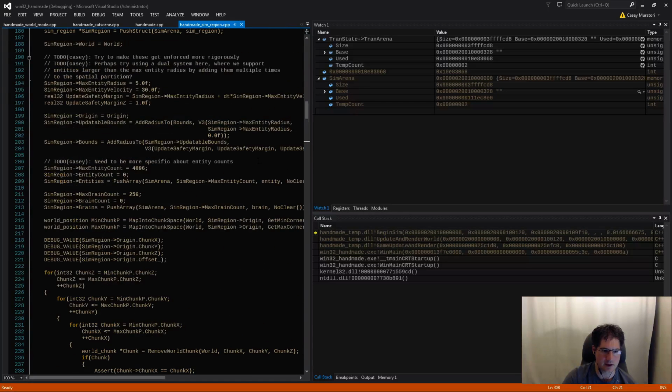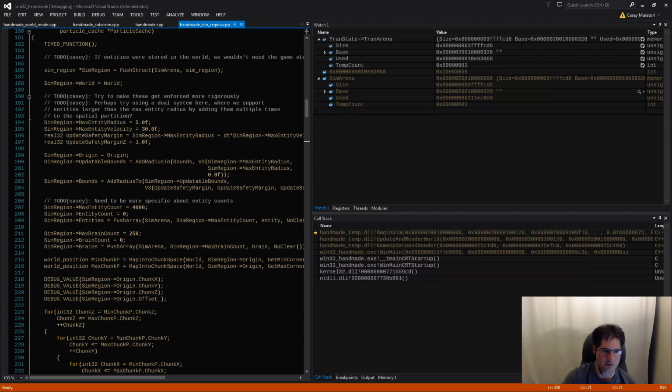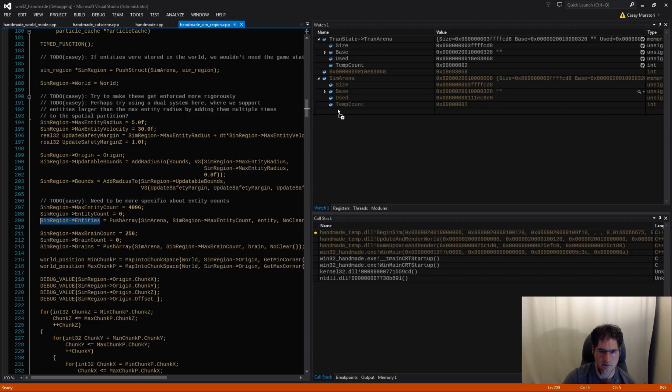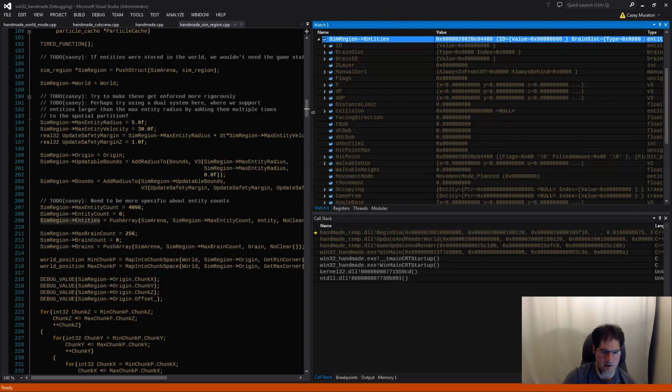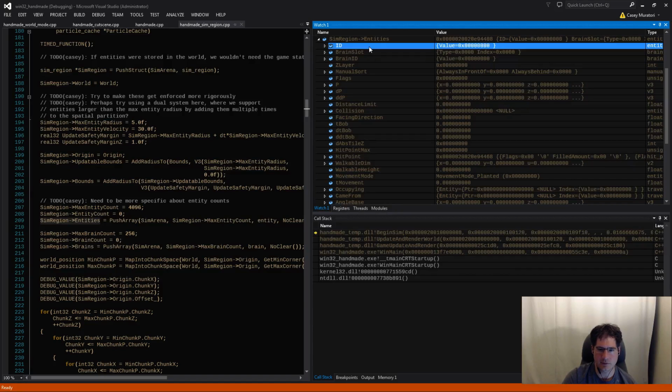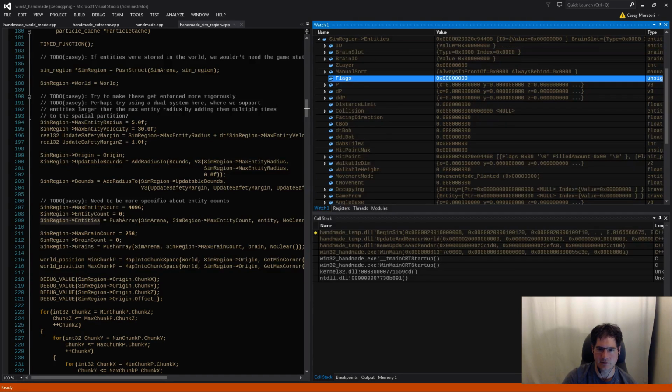So let's see. The entities themselves are stored in which array here? So sim region entities, they're in this thing here. And so we should be able to see those flags getting stomped on, I guess.